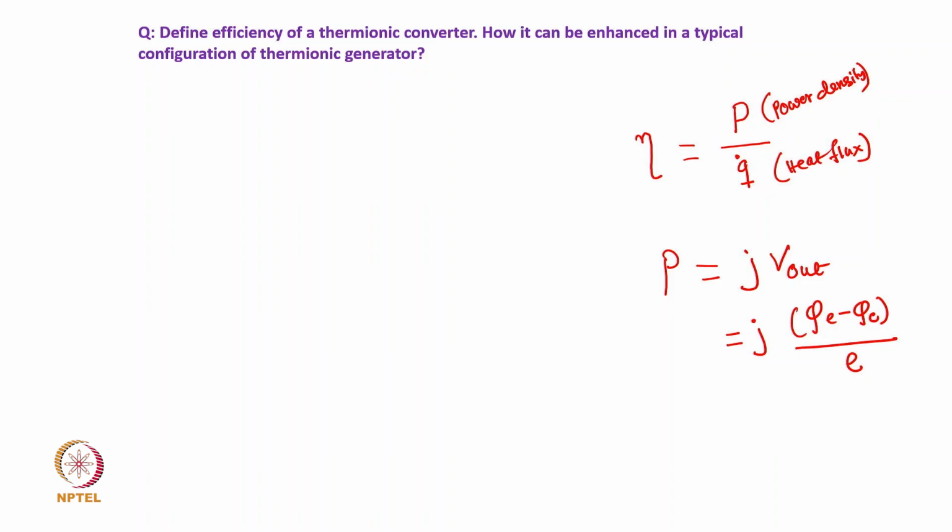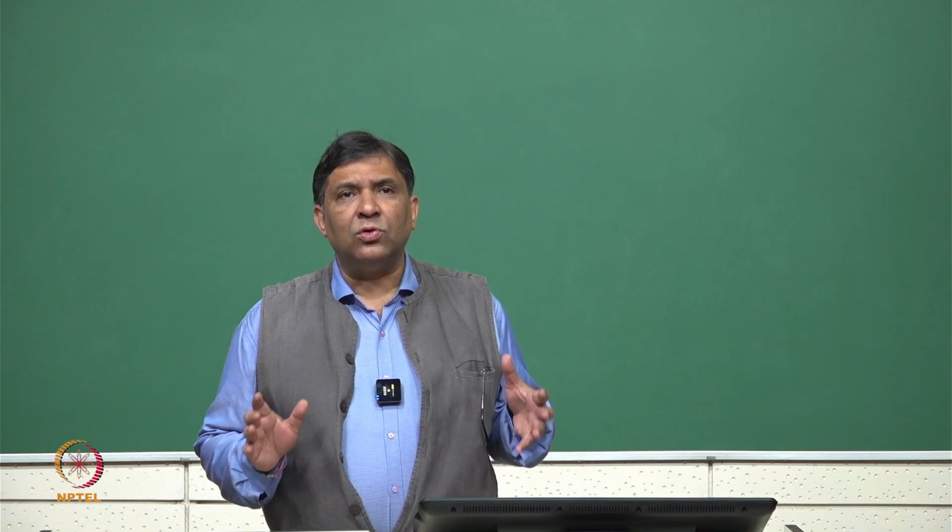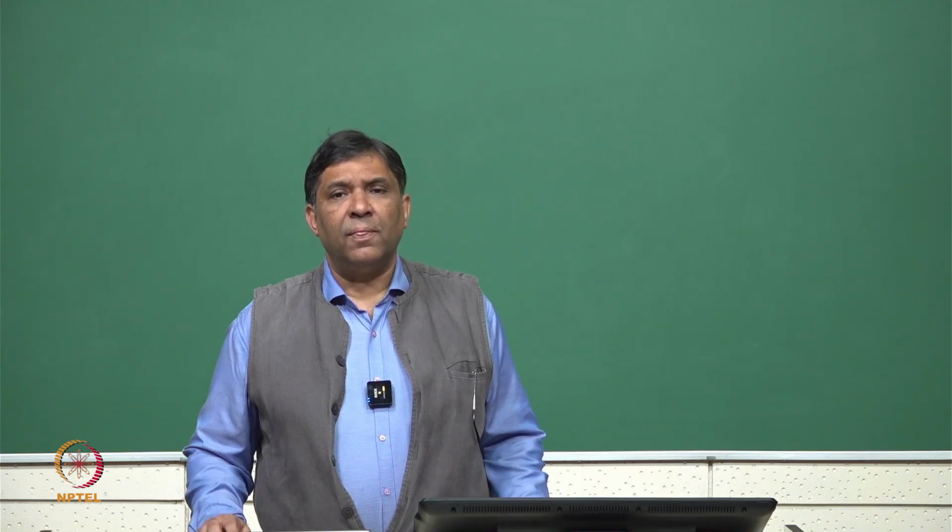And the current density we can again define from the Richardson-Dushman equation. So, all the quantities for the efficiency are known quantities. Again, this current density depends on the work function and on the temperature as per the Richardson-Dushman equation, and all these quantities contribute towards efficiency.